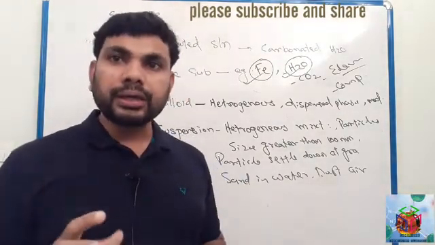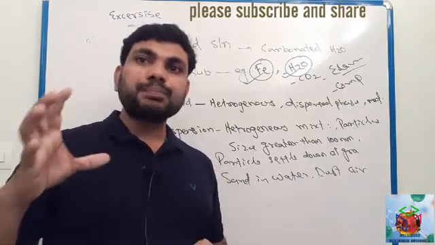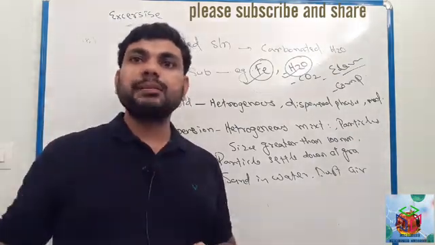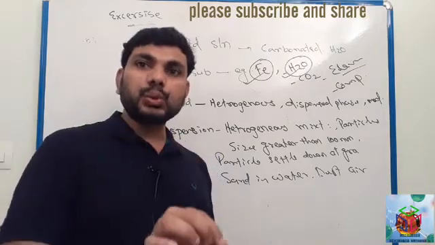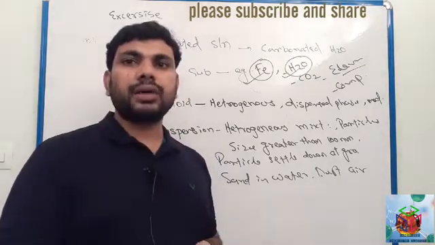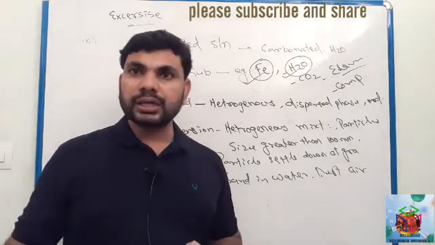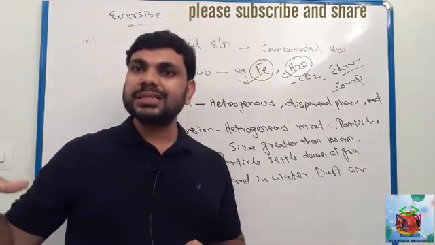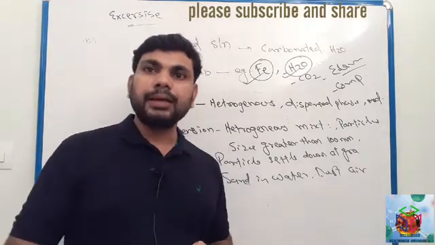We know in a colloid there are two parts, dispersed phase and dispersed medium. We know in a solution there is solute and solvent. Similarly in a colloid there are two parts, dispersed phase and dispersed medium.